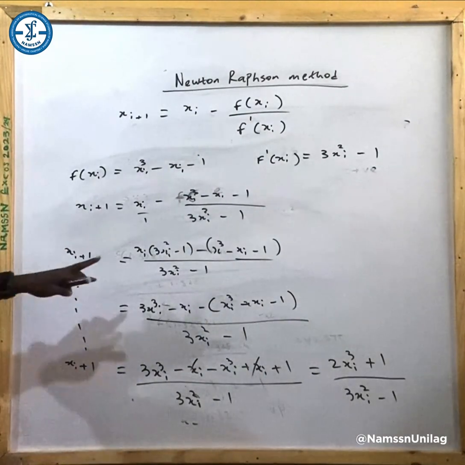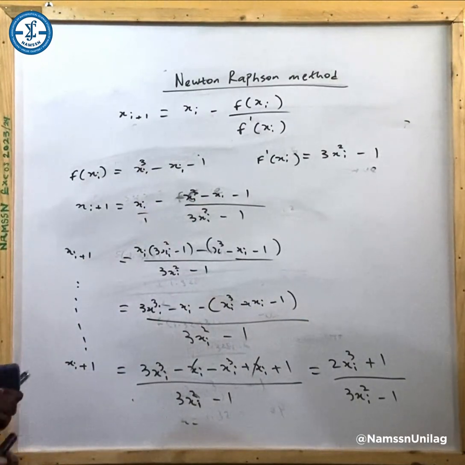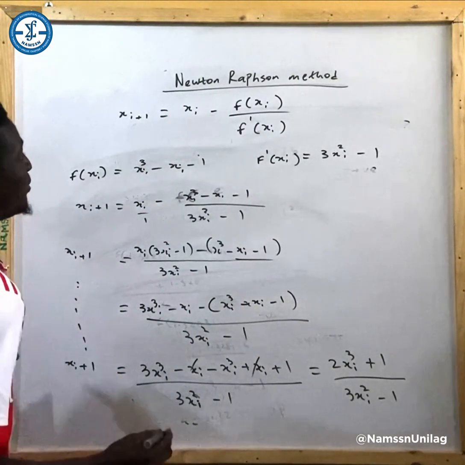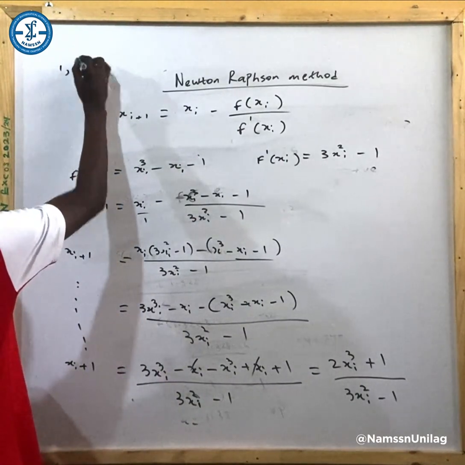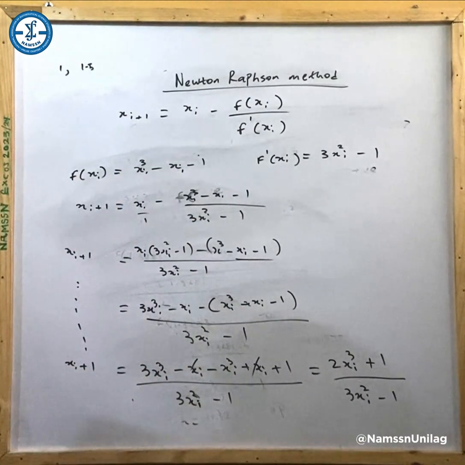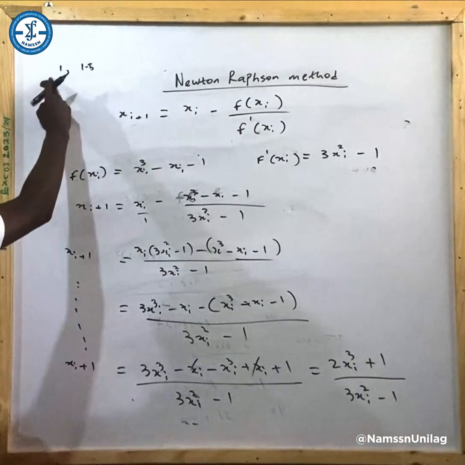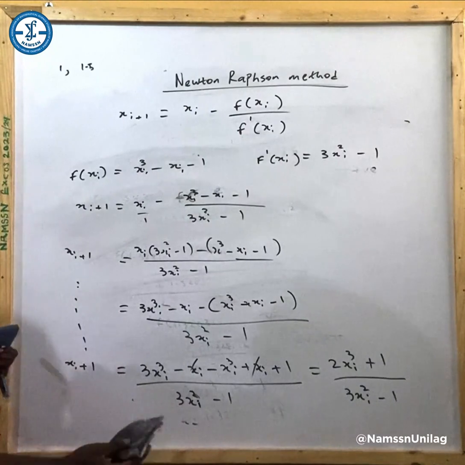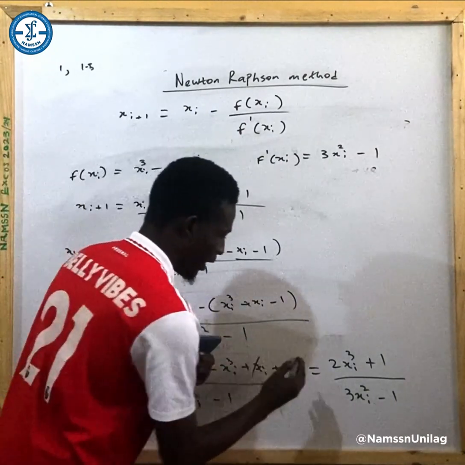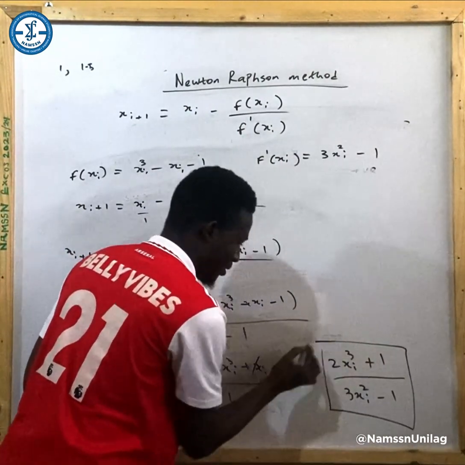Since I'm solving the same question, I already know that one of the answers lies between 1 and 1.5, so I'll be using this interval. You can pick either end, you still get the same answer. So this is the scheme I'm going to be using.